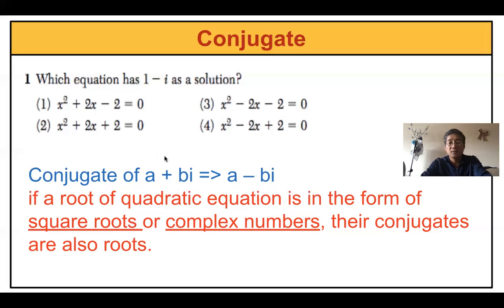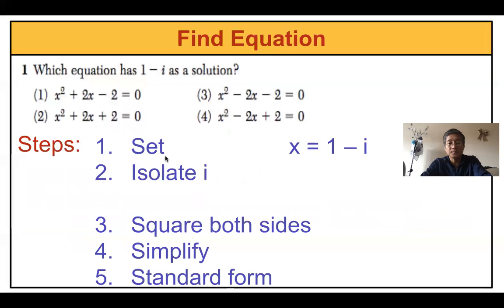Let's do it together. First, these zeros are x values, right? So we set x equal to 1 minus i. Or you can do 1 plus i, which is the conjugate, it doesn't matter. You will see why. 1 plus i and 1 minus i will give you the same equation.